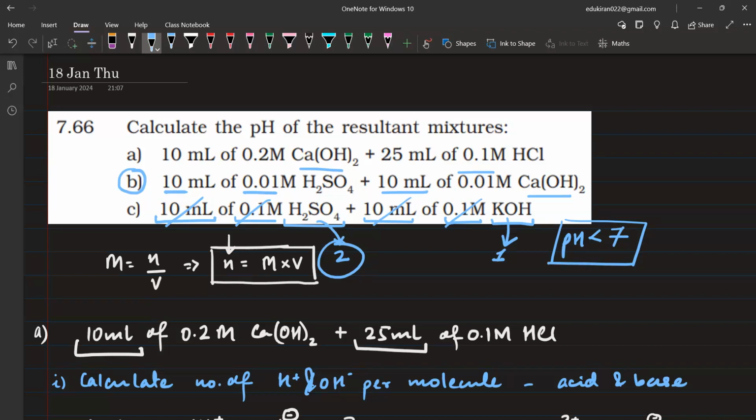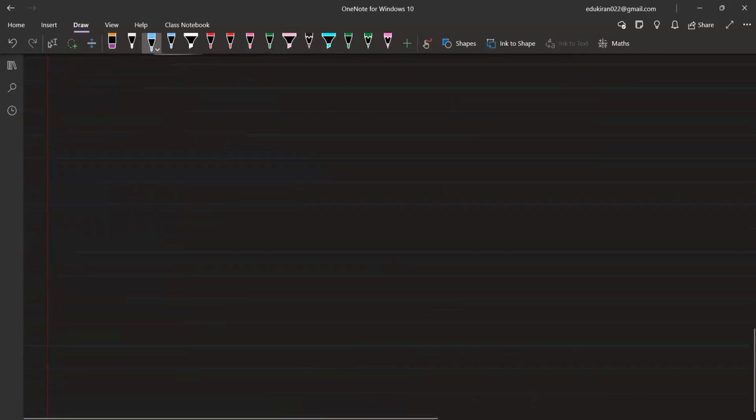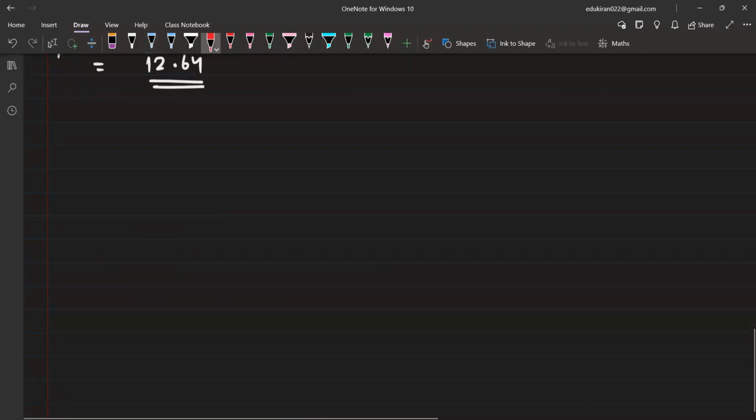ठीक है, चलिए moving on. Write the next heading: ionization of acids and base.